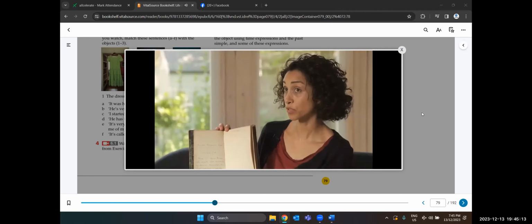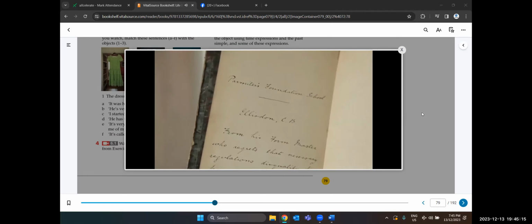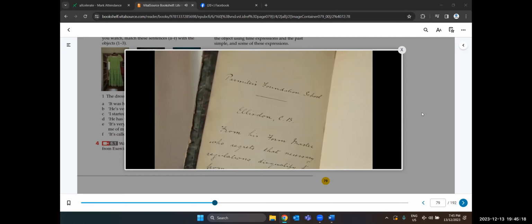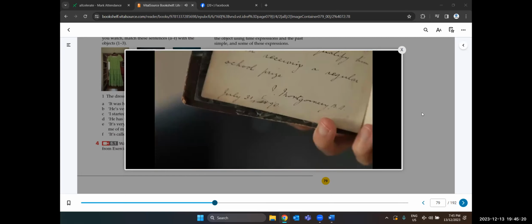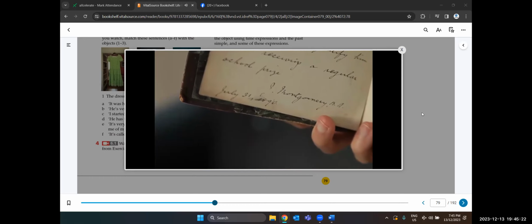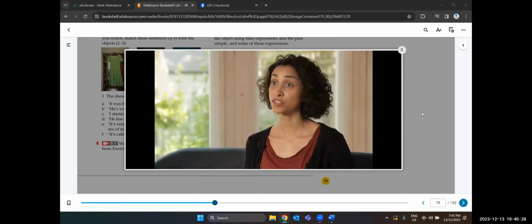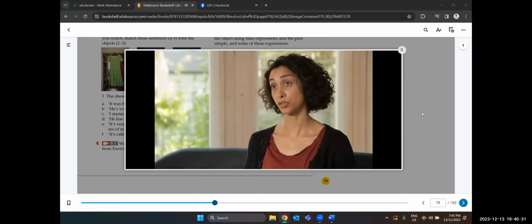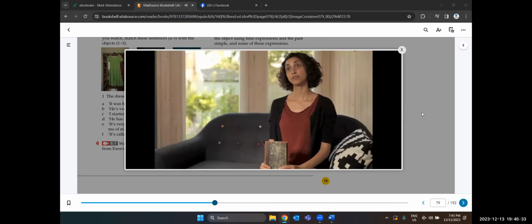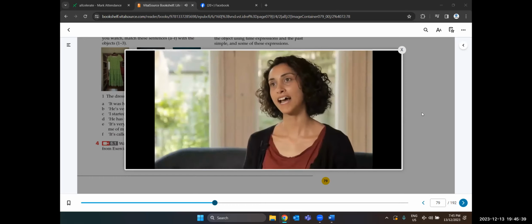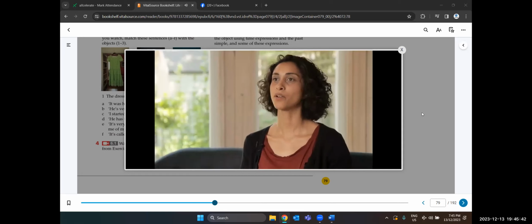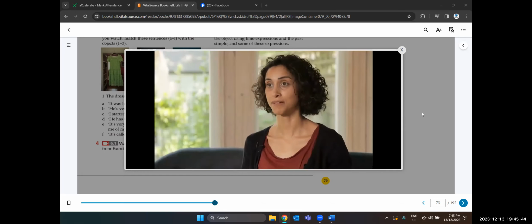Her first husband was called Charles Elliston, and his teacher was called Mr. Montgomery. Mr. Montgomery gave Charles the book on July the 31st, 1890. It was special to Charles as it was his school book, and then it was special to my great-grandmother as it reminded her of her first husband, Charles, and now it's special to me because it's a piece of my family history.